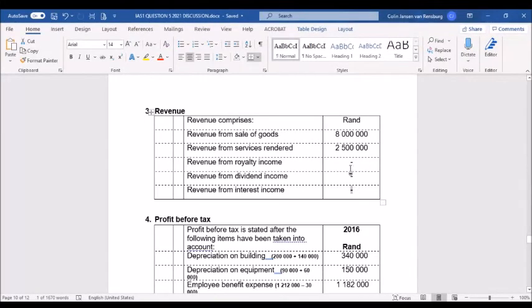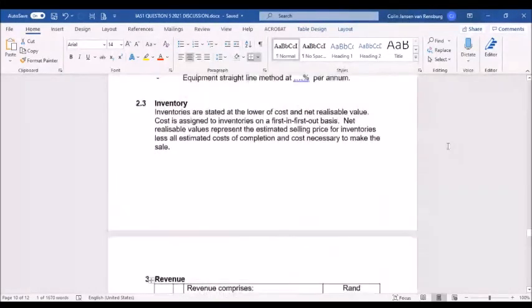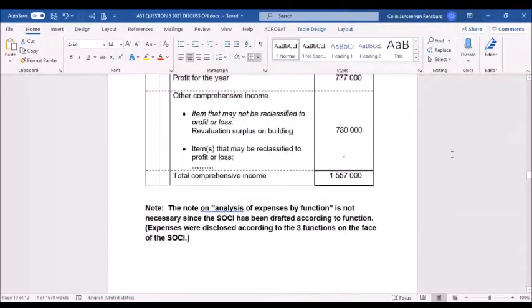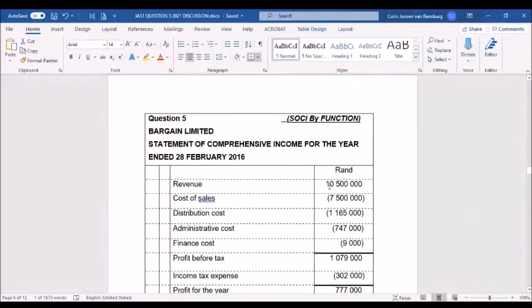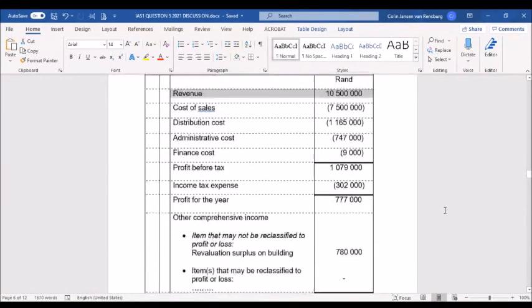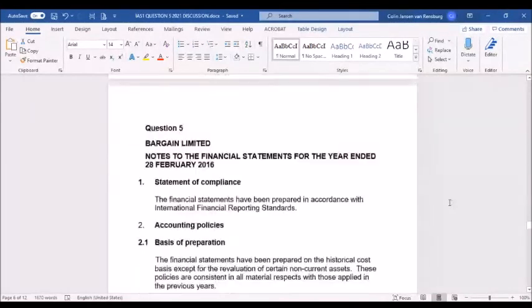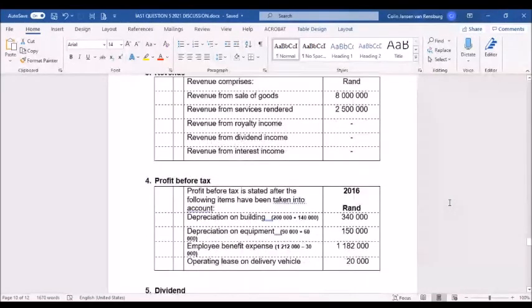And that total for that note must be what you disclose as revenue on the face of your statement of comprehensive income, right? So revenue, highlight that whole line, revenue, total revenue, 10,500,000.